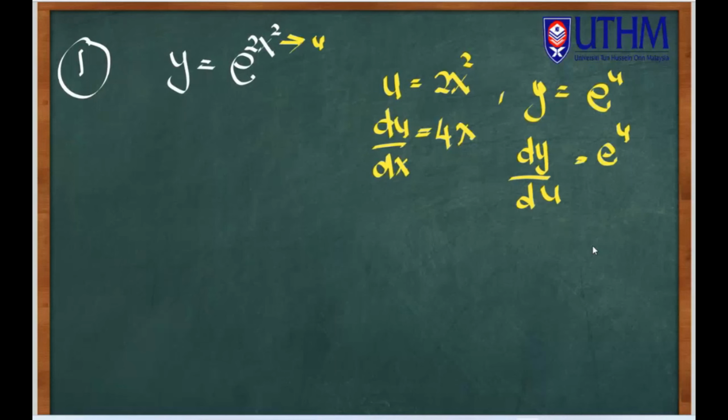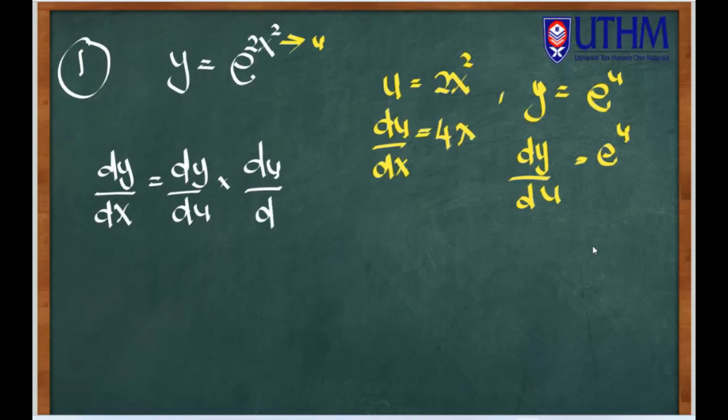So how can we solve this one? We can solve this by using the chain rule. To differentiate the function, dy/dx is equal to dy over du times du/dx. So we substitute our dy/du is exponent u, and du/dx is 4x.